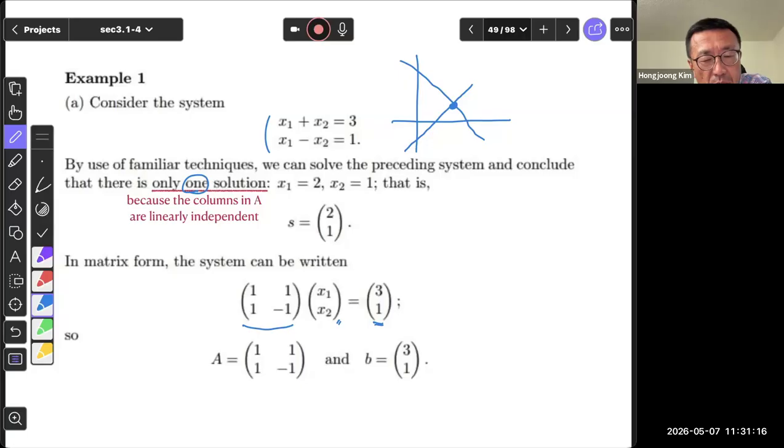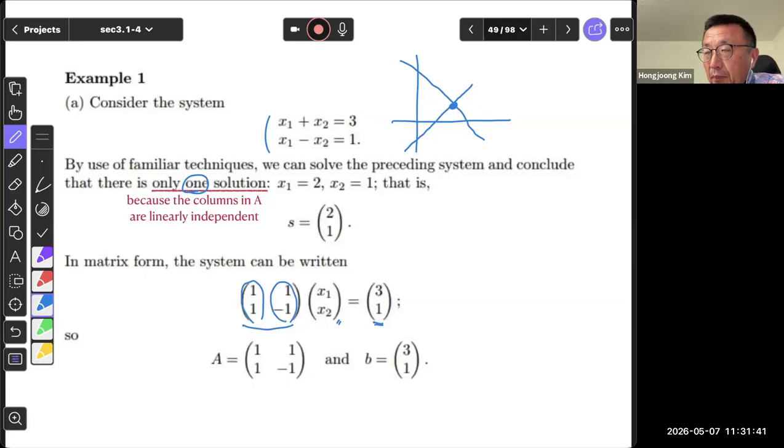Or you can do some algebra and find the solution. So the point is that for this specific problem, there is a solution and the solution will be unique. And being unique is related with the columns of the coefficient matrix.